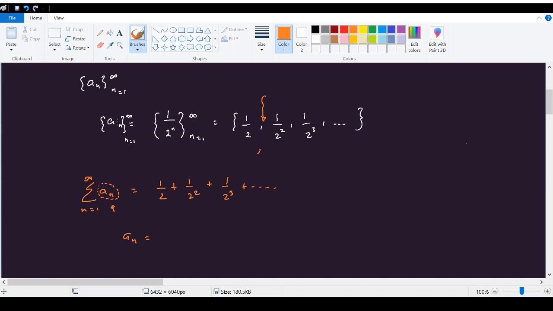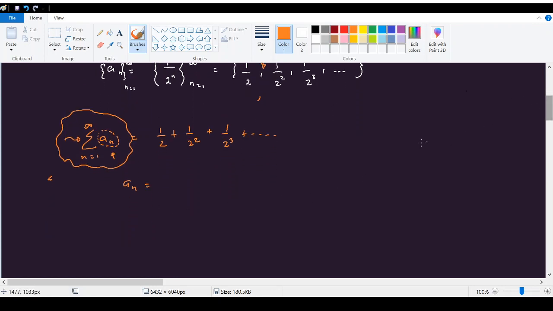And for that particular sequence, if we use this sigma notation, then this whole thing becomes a series. The meaning of this notation is that we are using the same sequence, but we write an addition sign in between the two terms. So basically we are adding up all the terms in our infinite sequence.